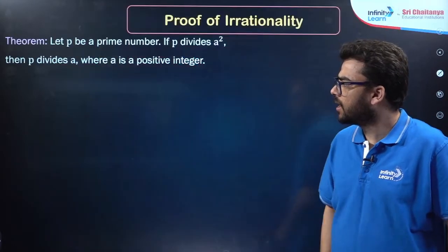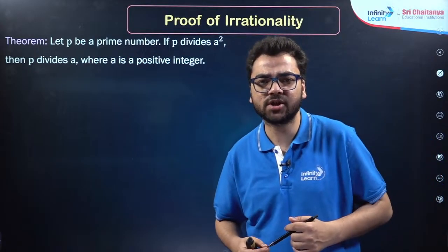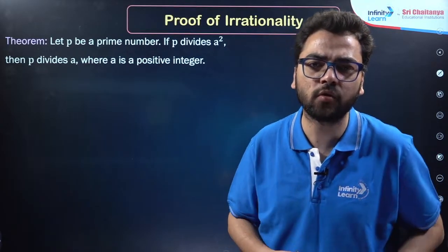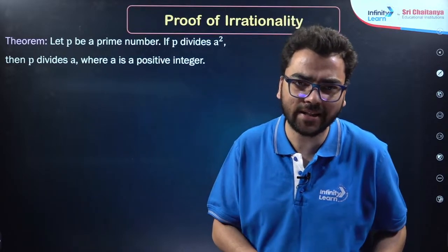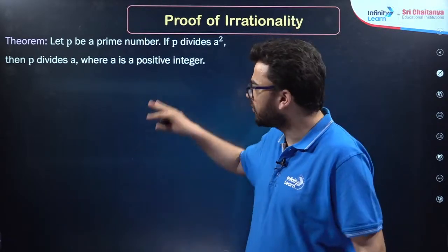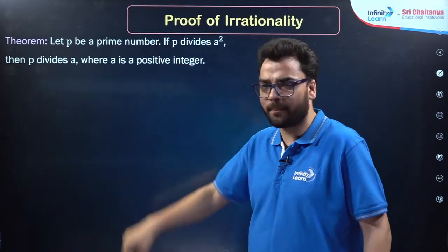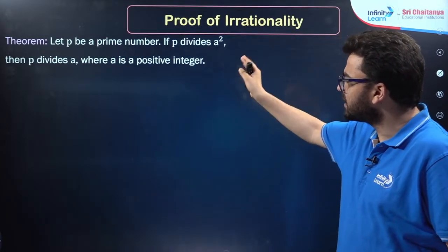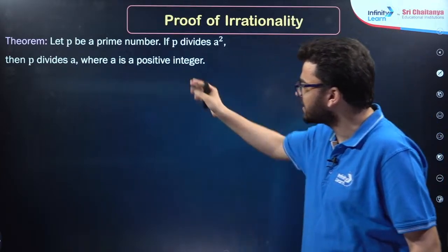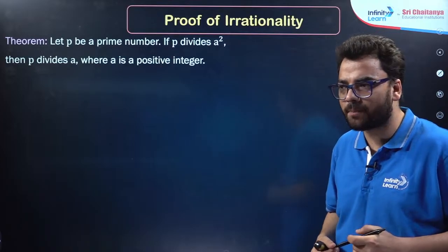Now, the main purpose of this session is to prove how to prove root 2 an irrational number, root 3 an irrational number, or questions like that. For that, you have to understand one theorem. Let P be a prime number. If P divides A square, then P divides A as well. Understand this properly.